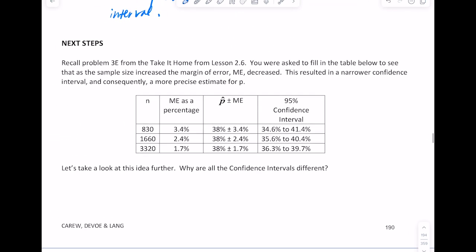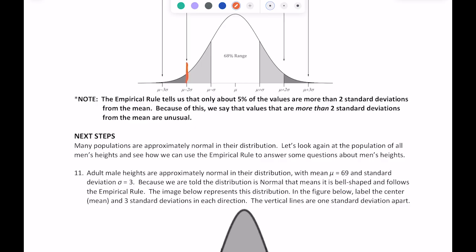If this area represents 95% of the values, we know that the curve is 100%. So if I do 100% minus 95%, I'm left with 5%.